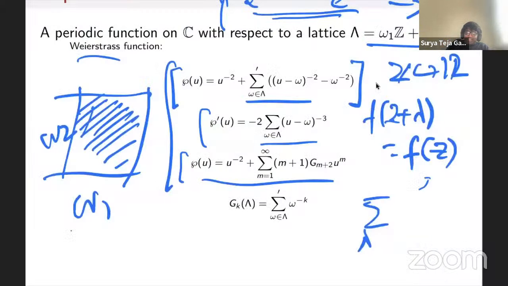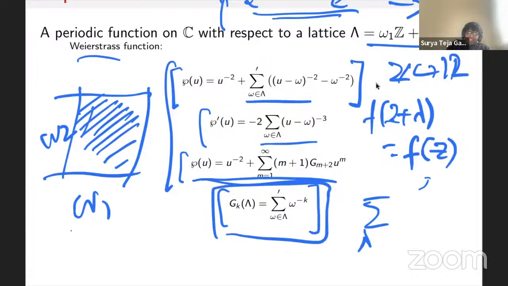Sorry. So these periodic functions along two directions help you create some interesting functions. For instance, these elliptic functions, if you expand them, some of the coefficients of this Taylor series are these functions G_k as functions of the lattice.